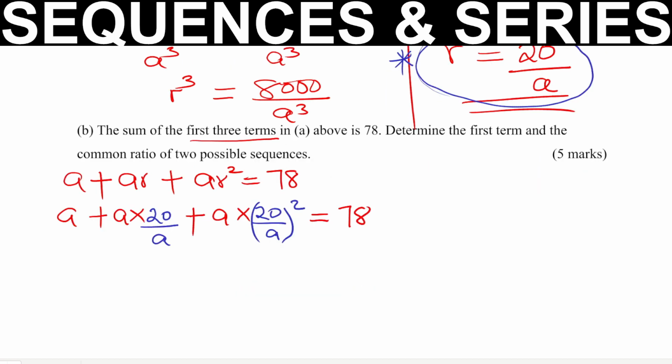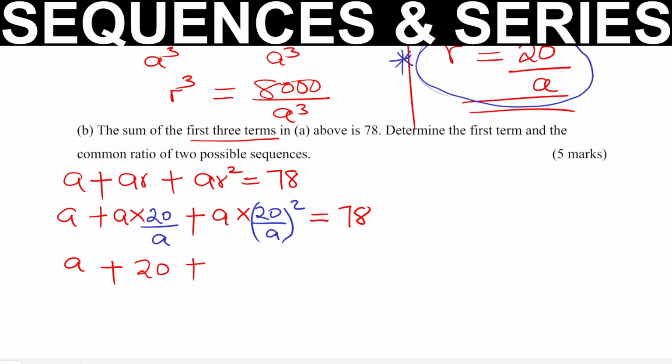So simplifying this, you get A plus, this will give 20. A times 20 over A will give 20, plus this will be A times 400. 20 squared will be 400, then A squared.